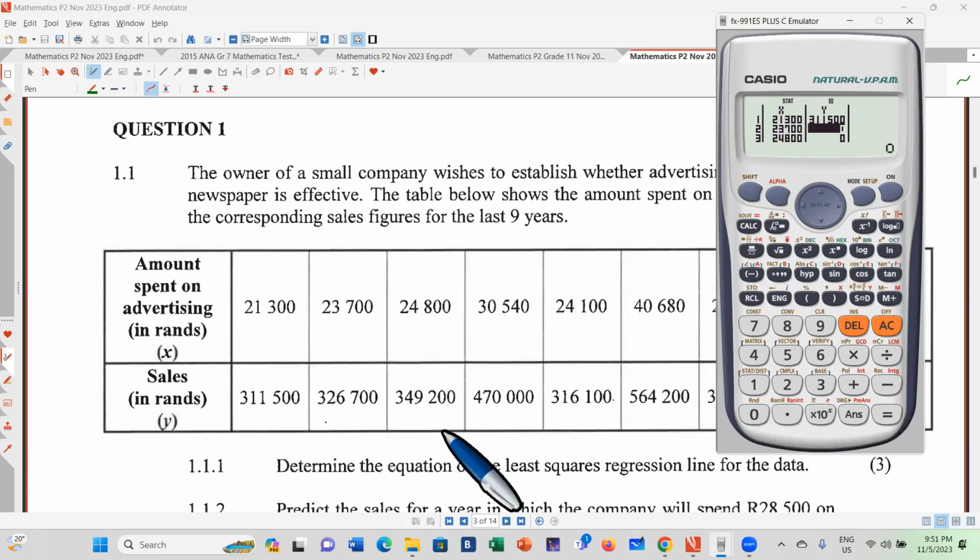Equals. The next one is 326,700. The next one is 349,200. The next one is 470,000.